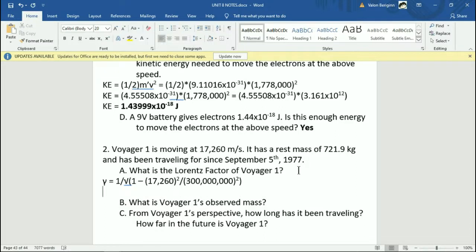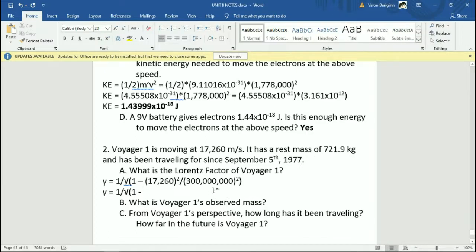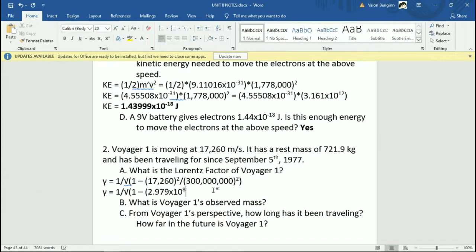Okay, so 17,260 squared is 2.979097 times 10 to the 8th.